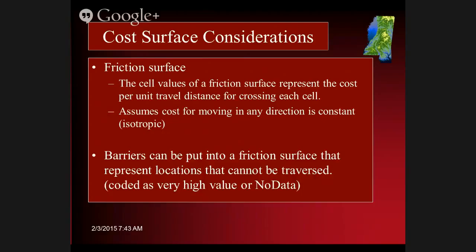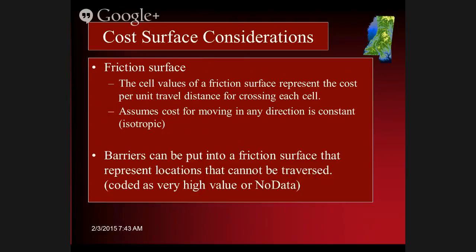Those are examples of anisotropic problems, and really the solution today is to often convert the continuous surface into a network, a very defined network of lines, so that we can assign different values to travel in different directions. So this won't do that, but there's plenty of problems that we can solve where it's safe to assume the cost for moving in either direction is constant.